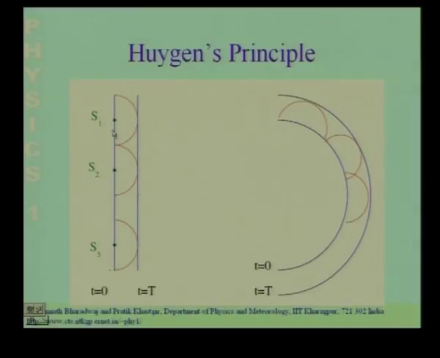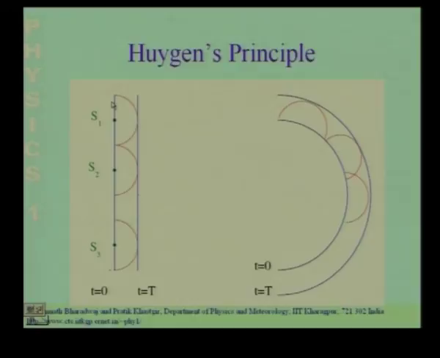So, this is the wave front at a time t equal to 0, and we would like to determine where the same wave front is at a time t equal to capital T. And Huygen's principle tells us that each point on this wave front at the time t equal to 0 acts like a source for a secondary wavelet.